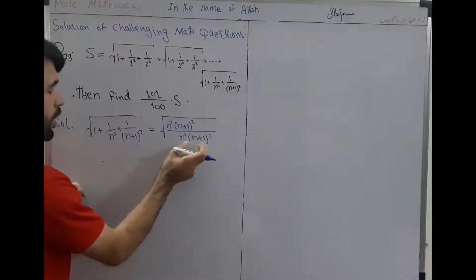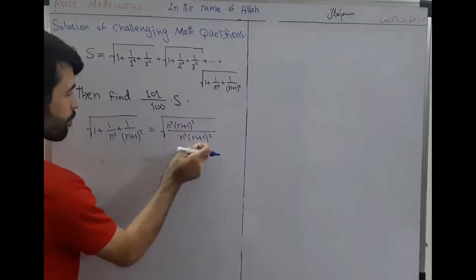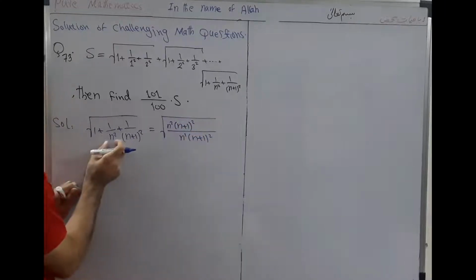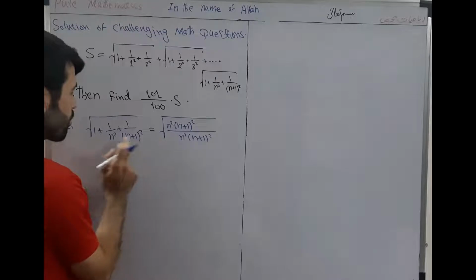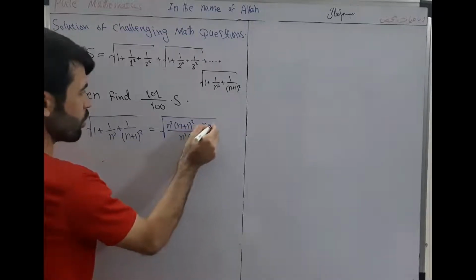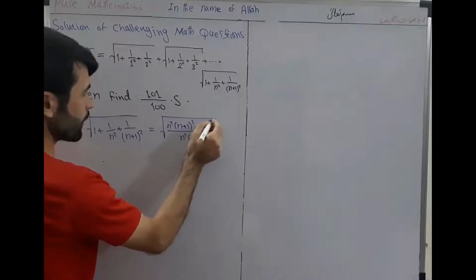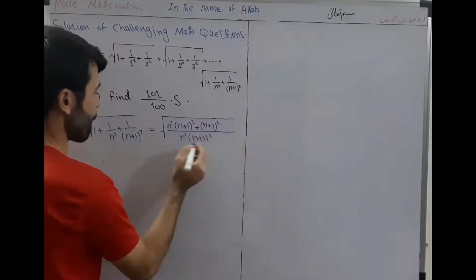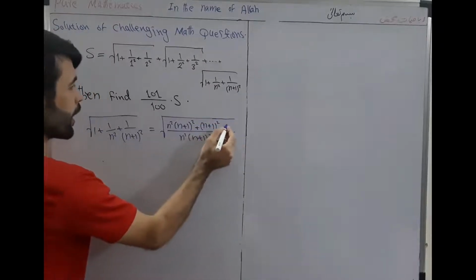N square is common denominator, n square into n plus 1 whole square divided by n square, n square cancel, then n plus 1 whole square plus n square.